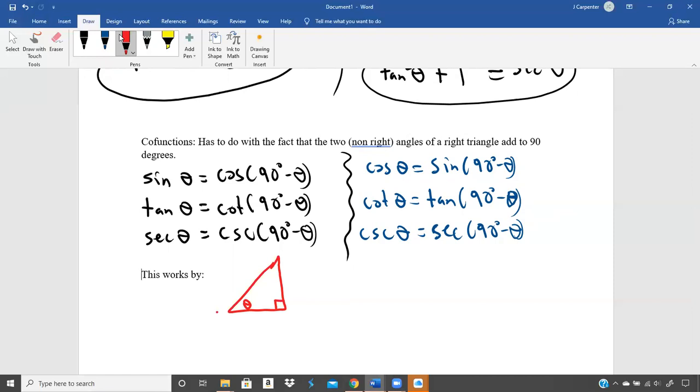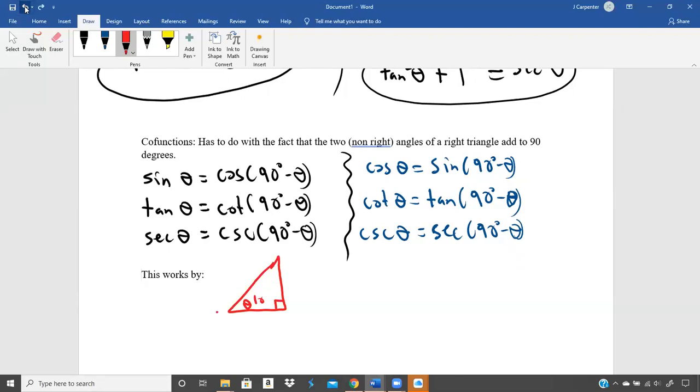Let's pretend this angle for a second was 1 degree. If this was 1 degree, this would have to be 89 degrees, because they have to add to 90. If this was 2, this would have to be 88. If this was 10 degrees, this would have to be 80 degrees so that they add to 90.